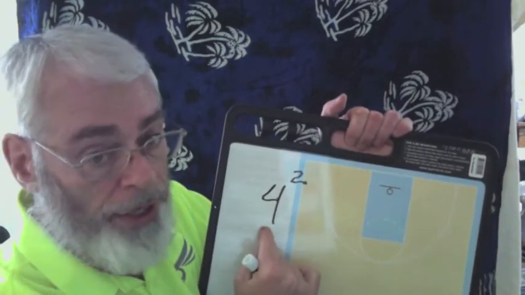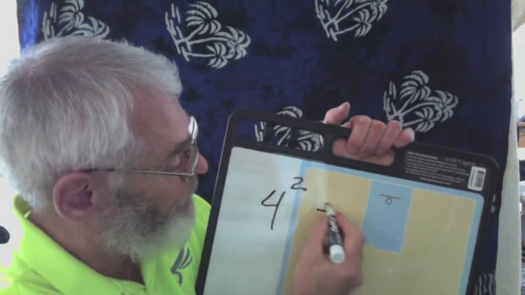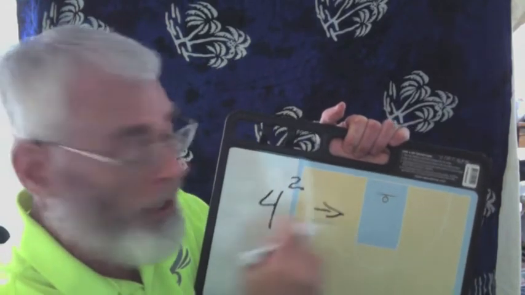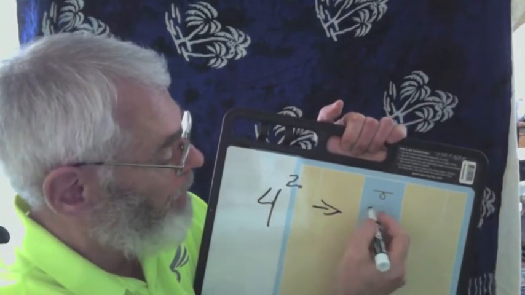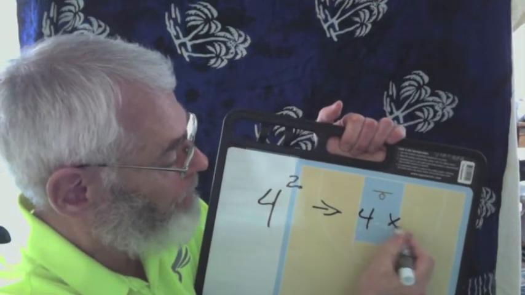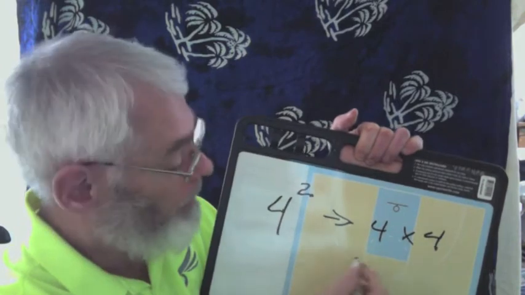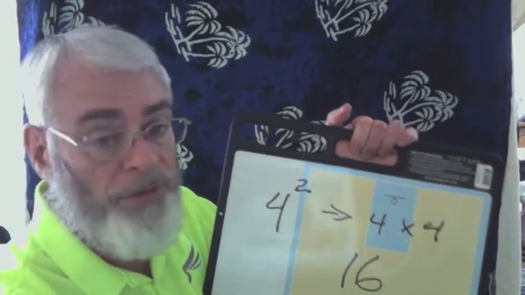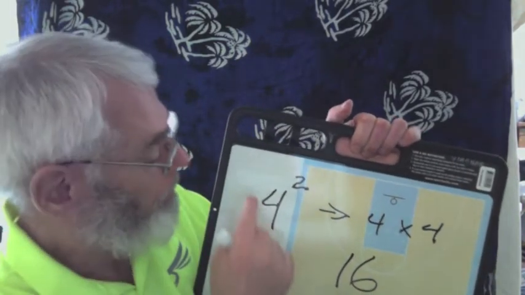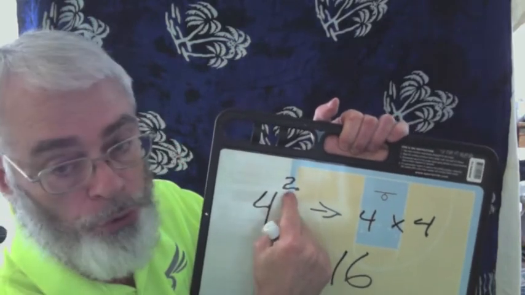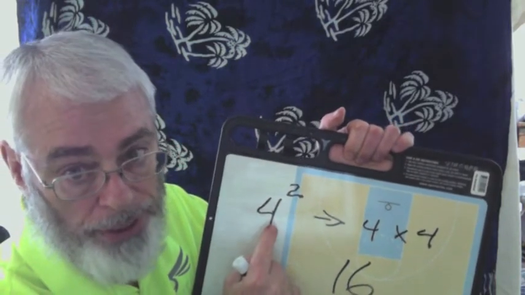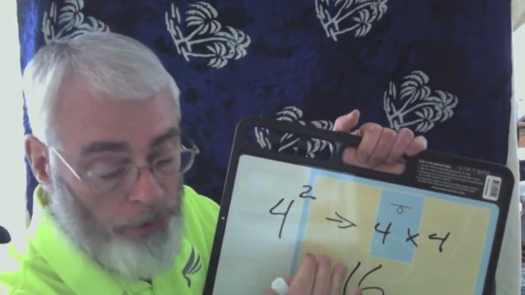So 4 squared means 4 times 4. And what is that equal to? 16. Okay? So when you see 4 with a little 2, that means 4 squared, which means 4 times 4, 16. So squaring is pretty easy.